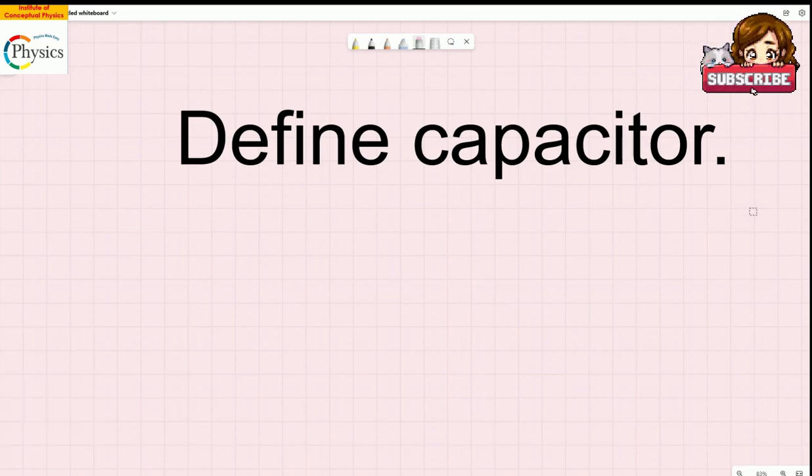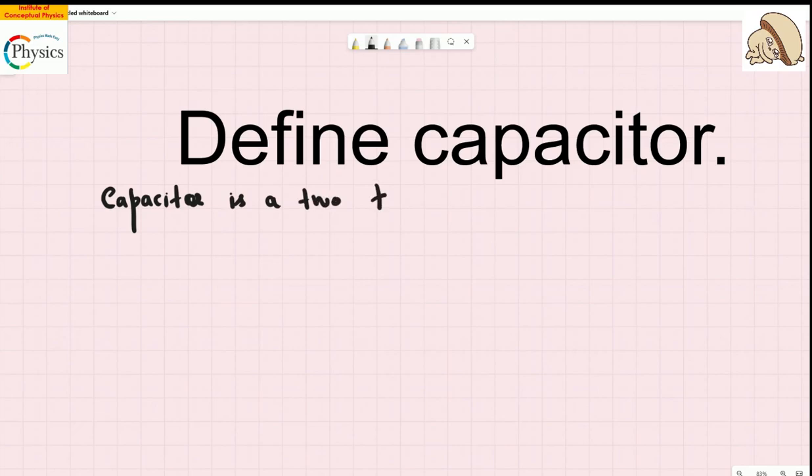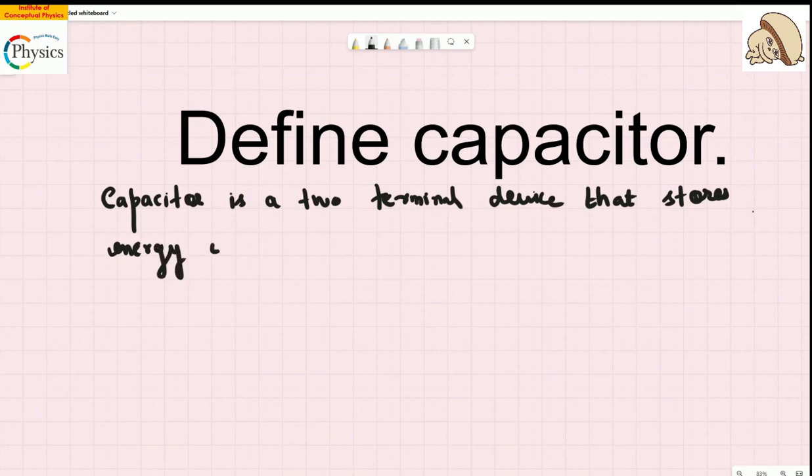Okay. So capacitor is defined as what? So the answer to this question is, a capacitor is a two terminal device that stores energy in the form of electric field.